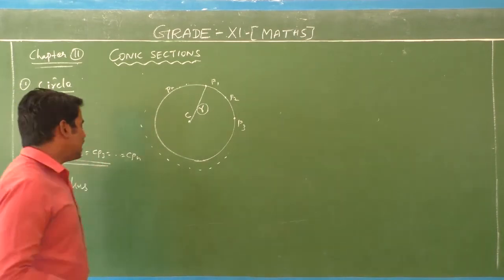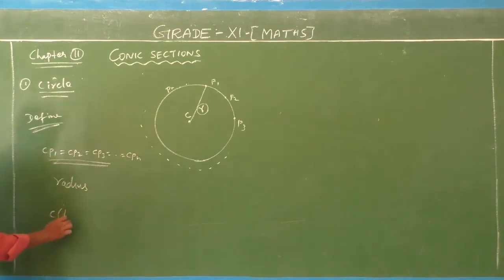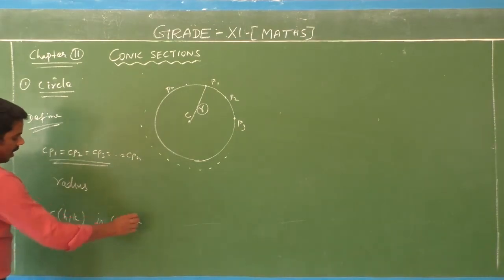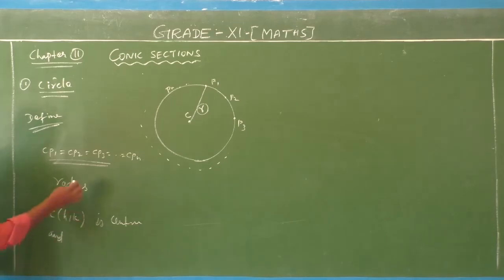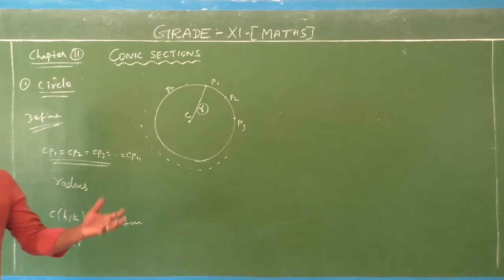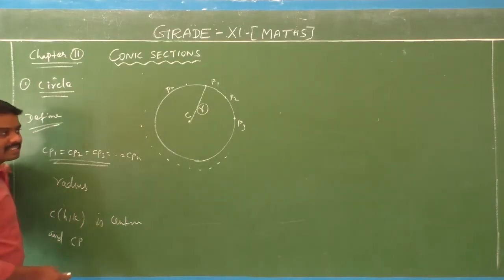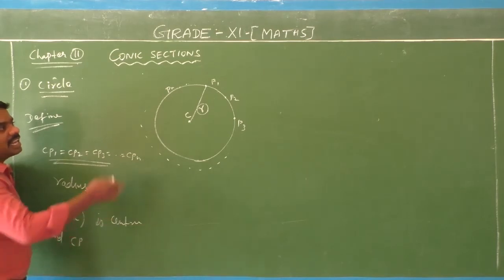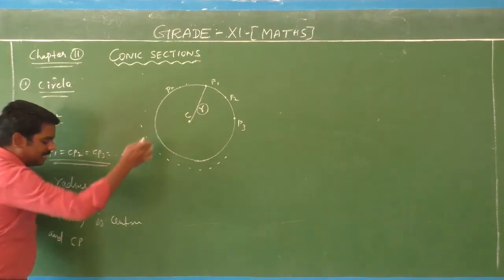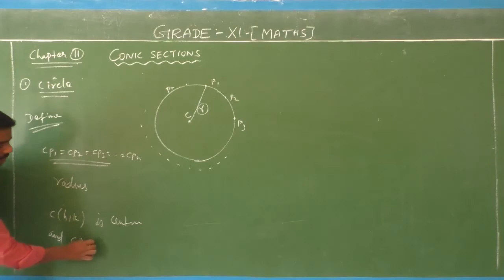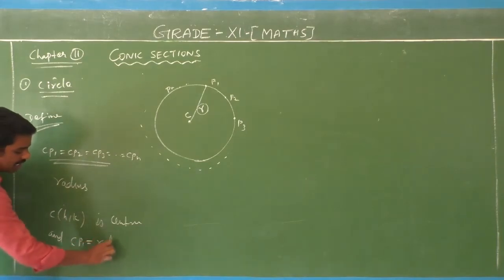Here, C is the center; let us consider H, K as the center. CP1, CP2, CP3 and so on are also the same. It is the constant distance between any point on the circle and the center, the radius. CP1 is equal to the radius.